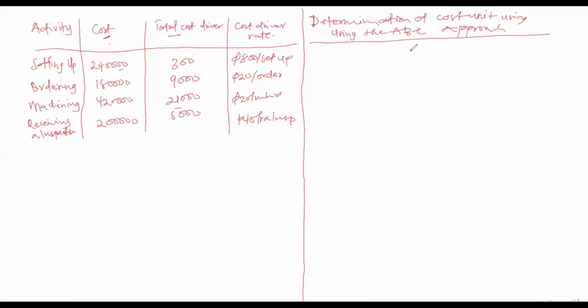So again, the prime cost for each approach is the same. Nothing changes. So you just repeat what you've done for the traditional approach.